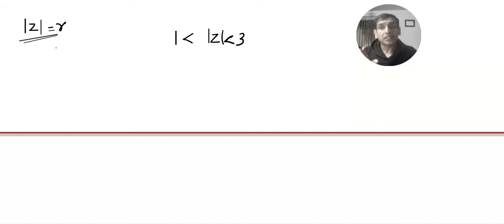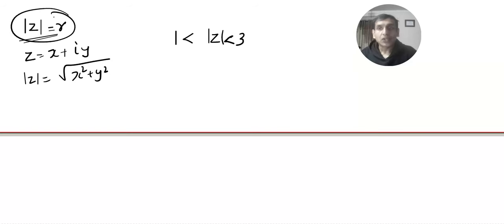If you want to understand the logic, you should go for the first video in complex analysis. In that video I told you z is x plus iy. So modulus of z will be root under x square plus y square. So this equation can be simplified into mod z square equal to r square, that is x square plus y square equal to r square.